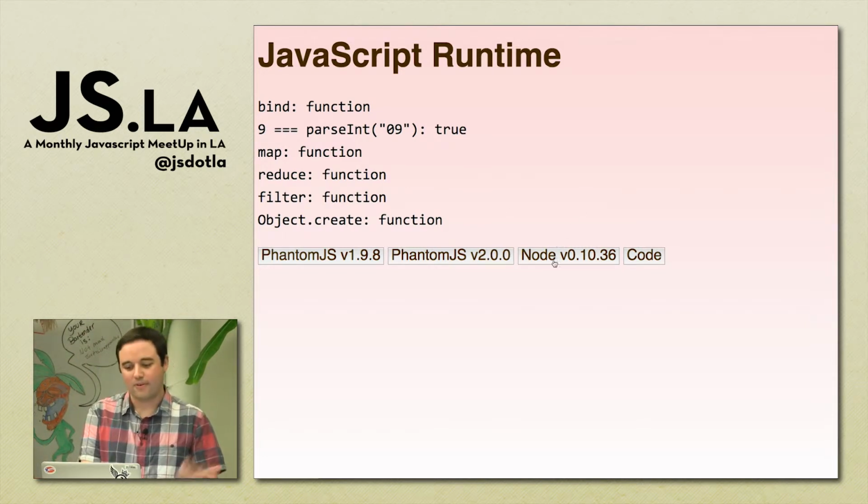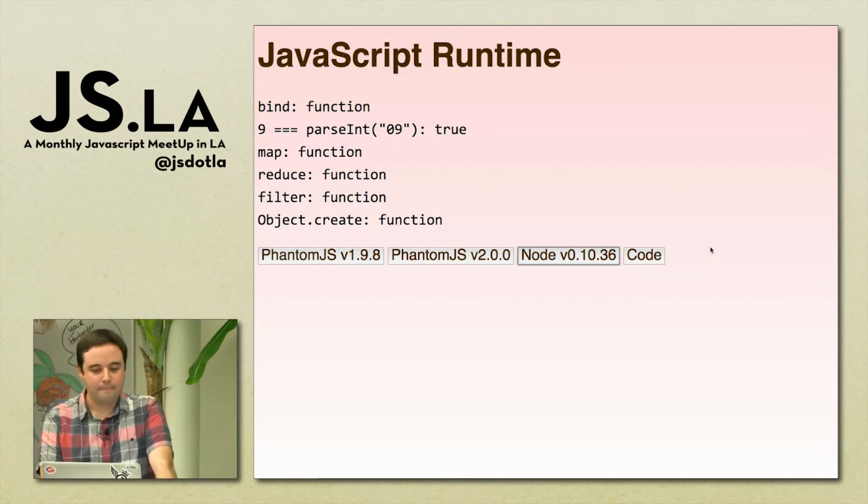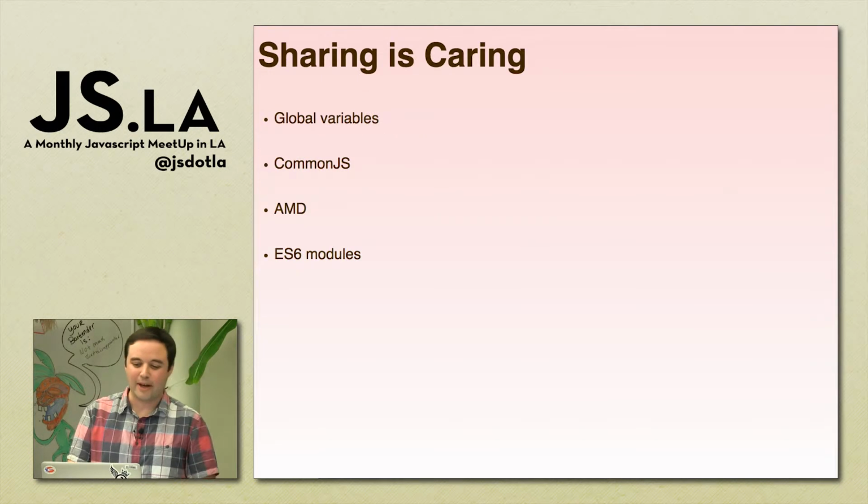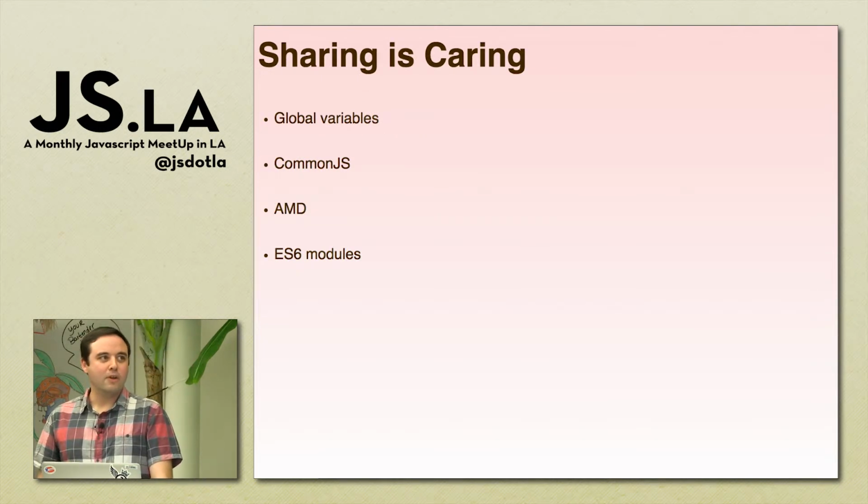And of course, with Node, this is going to do the same thing. Now, that's the first thing I care about if I'm going to do something with JavaScript: what version am I dealing with? The next thing I care about is how I'm going to share code between libraries. There are the four most common ways.